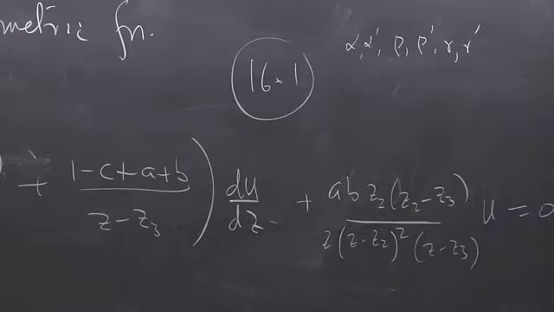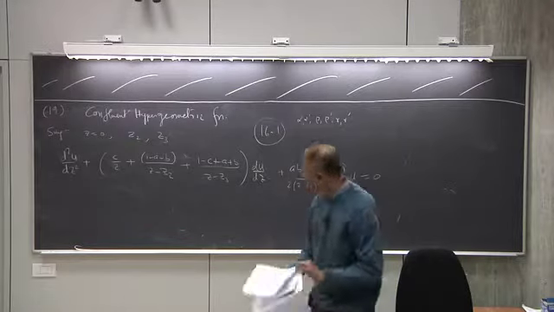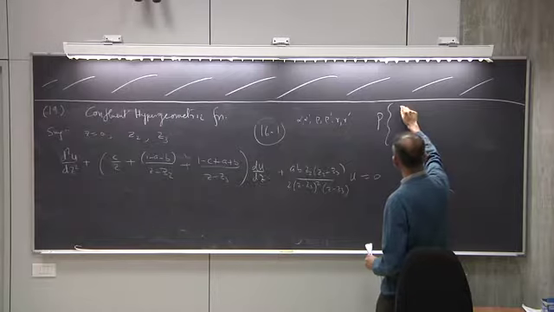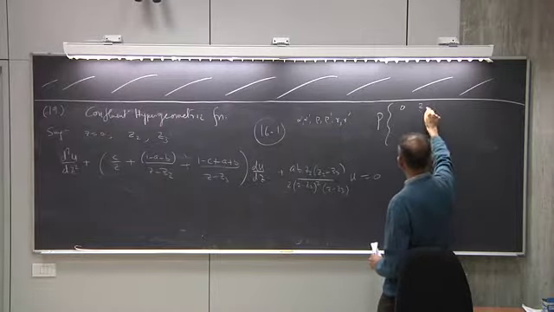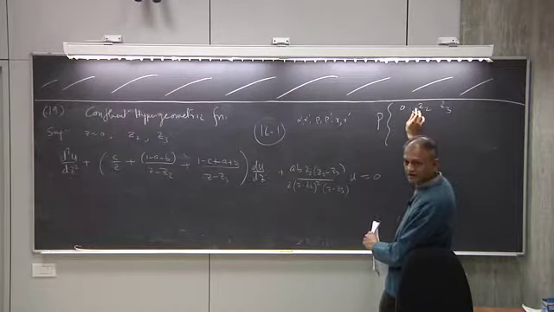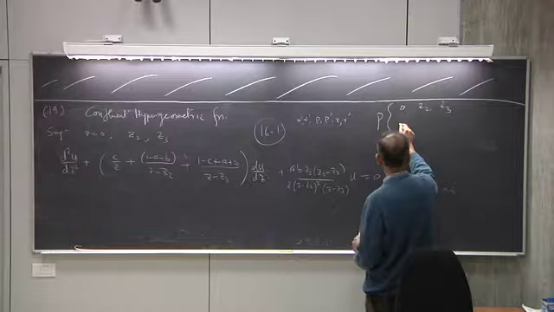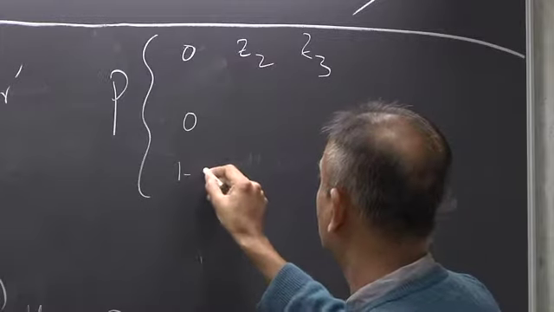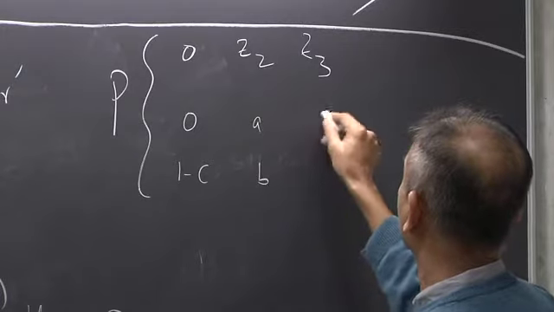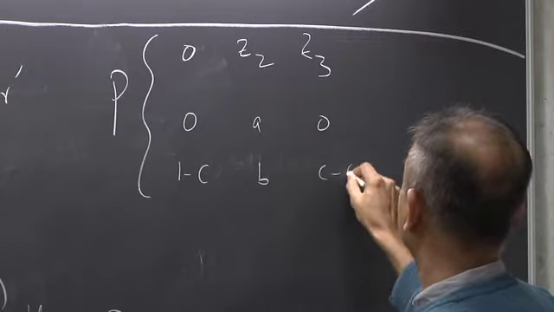I can tell you what one should do actually. It's the same thing because finally it is simply F of a, b, c, so it should be in the same P symbol here. Take this P symbol: z1 I put to 0, but I keep z2 and z3. I don't put them at 1 and infinity. Keep them as they are, and here it was the same: 0, 1 minus c, and then a, b, and 0, c minus a minus b.